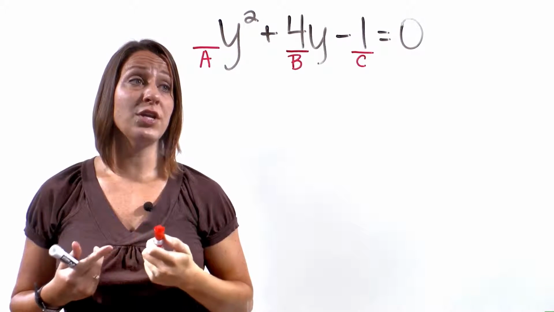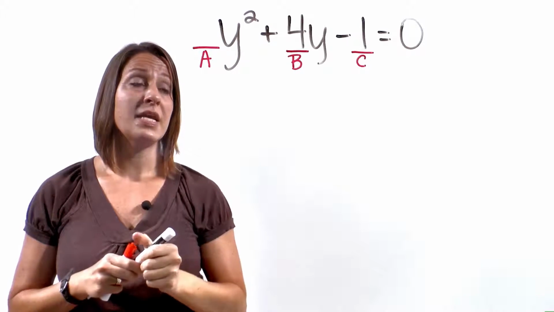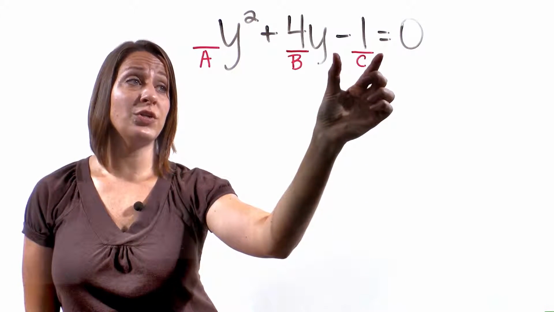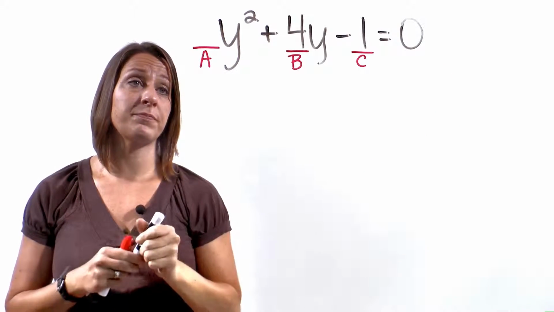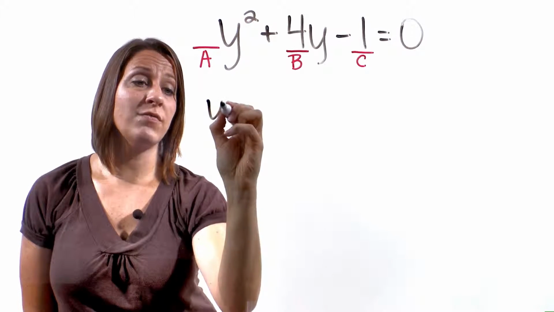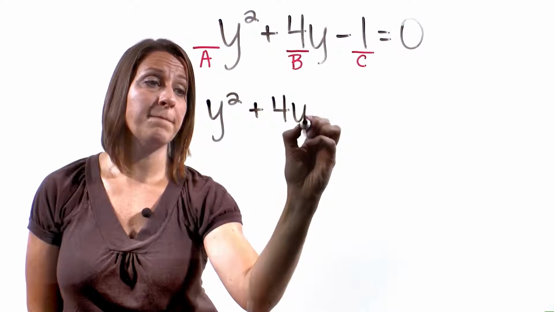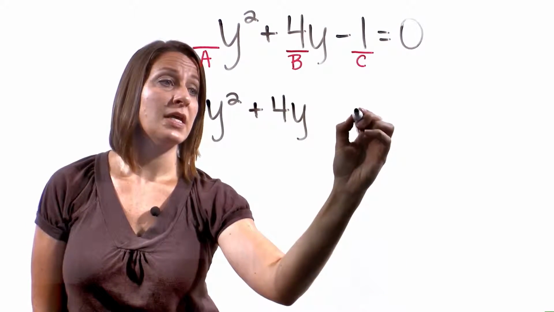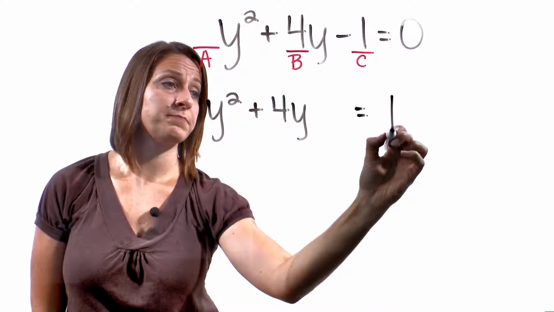Next, we're going to go through the steps of completing the square. Step number 1 is we are going to move C to the other side. So we'll have y squared plus 4y equals, and we're going to add 1 to both sides.